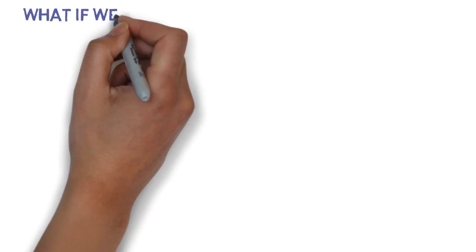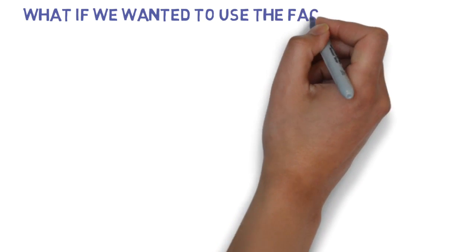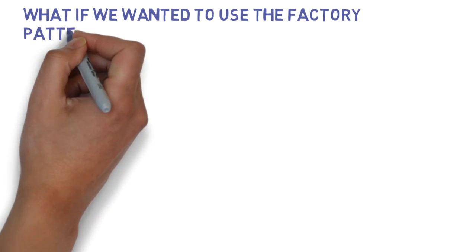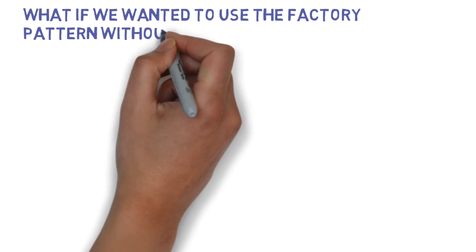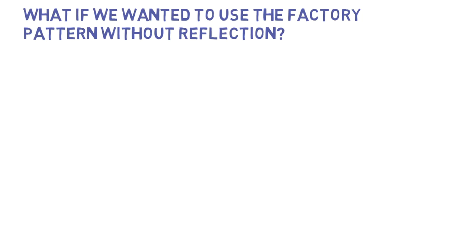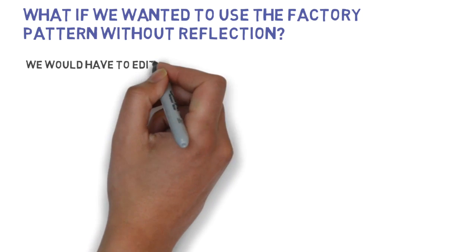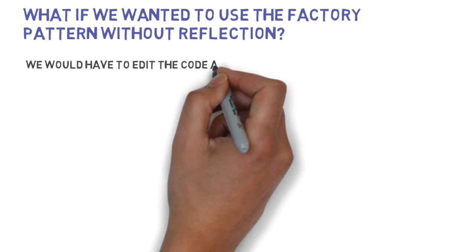Now that we've spoken about the downsides of reflection, you might want to use the factory pattern without using reflection. Yes, this is possible, and in fact, there are a whole host of programmers who do exactly this. So what's required now? We would definitely need to edit code at switchover time.